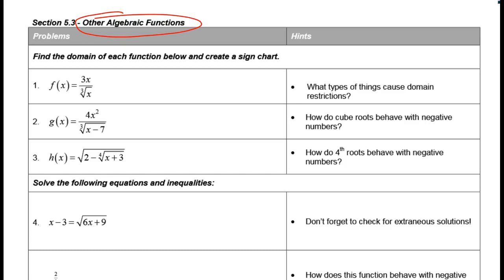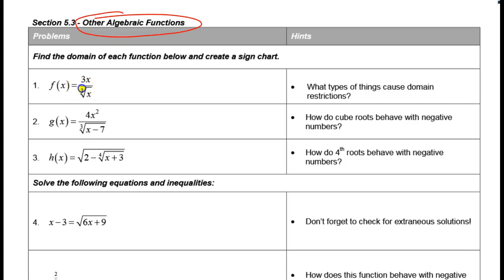But let's start to talk about some domains. In question 1 here, we have f of x equals 3x divided by the cube root of x. And the hint is what types of things cause domain restrictions? Well, we have a 0 in the denominator causes a domain restriction, as well as a negative input to a root that is even.